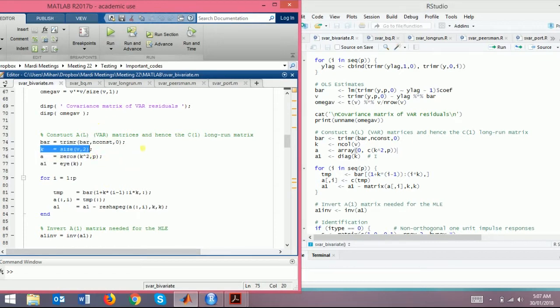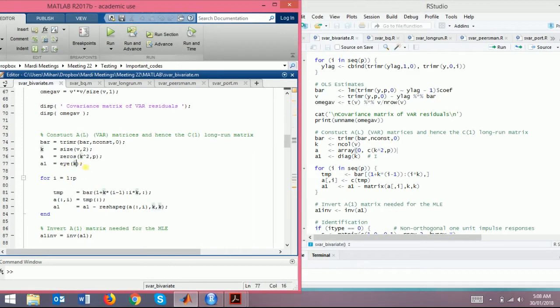K is the number of columns of the residual, which is equal to the number of variables you actually have. So that is n squared by n squared by 2 for lag 2 operation, so n squared by p. And the identity matrix will be created as per the number of columns.